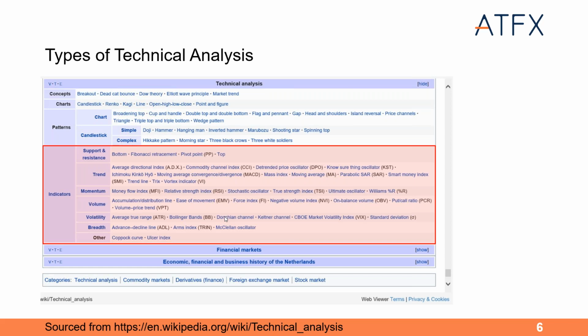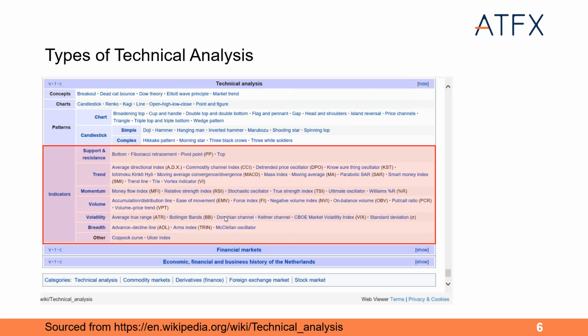Williams percent R and stochastic work in a very similar way. These are momentum indicators, and they compare the closing price to a range of the instrument's prices over a period of time. And therefore, they can give us an indication of overbought and oversold conditions.